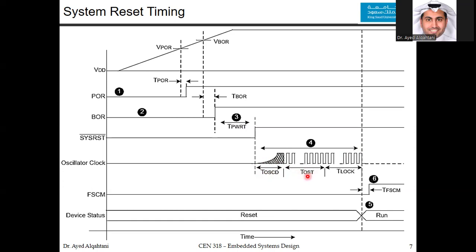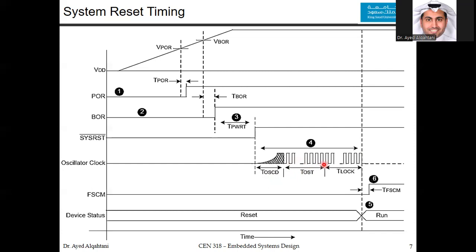By specification, if you look at the datasheet of the PIC24, it's 1024 clock cycles, which is 2 to the power of 10. So you need to wait for this just in case, to make sure that the clock is stabilized.